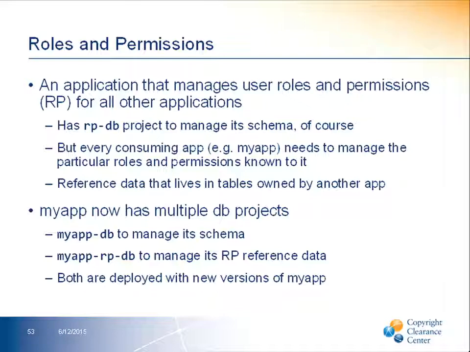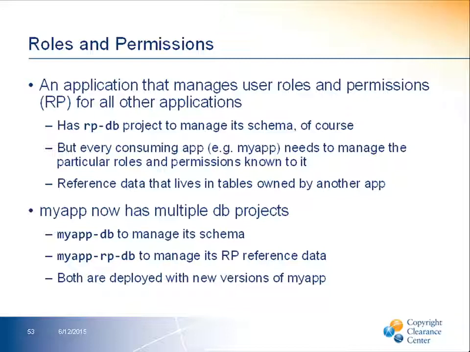And so we built that app, and it had its own database project to manage its schema. But then any consuming app, for example, the My App group, needs to manage the particular roles and permissions it knows about. So if it says, I have an admin role or a supervisor role or whatever, that app is the one that knows what its roles are. And so basically what we want to manage is reference data, but it's not reference data that lives in your app.